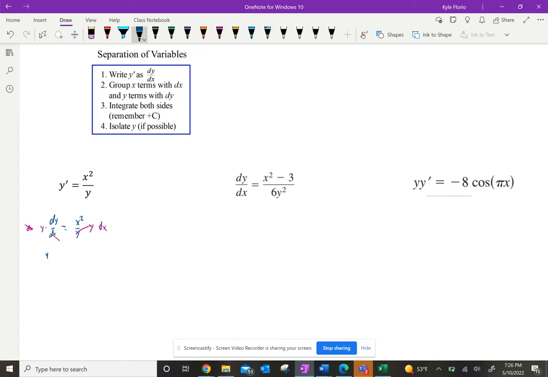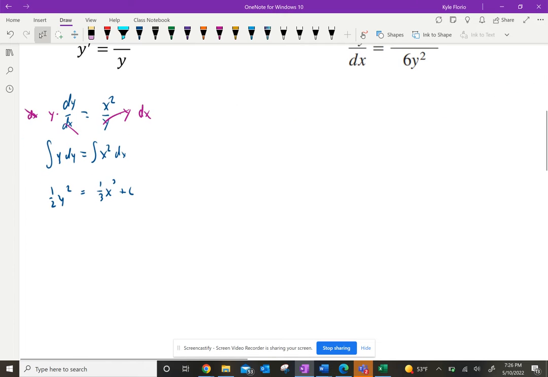So now I'm left with y dy equals x squared dx. Now if I integrate both sides, which is step three, I'm going to get 1/2 y squared equals 1/3 x cubed plus some constant c. And that's it. The book might multiply both sides by 6 to get rid of the fractions, but for now, this is fine.